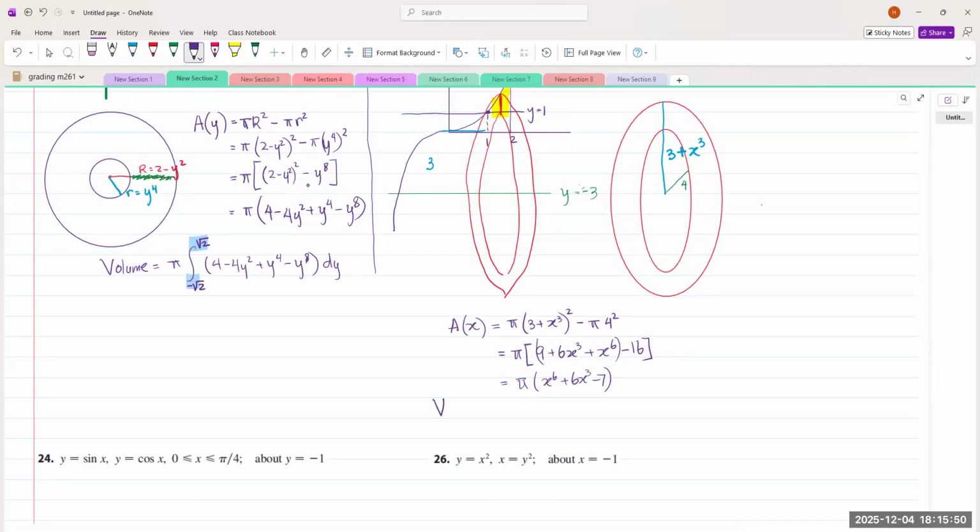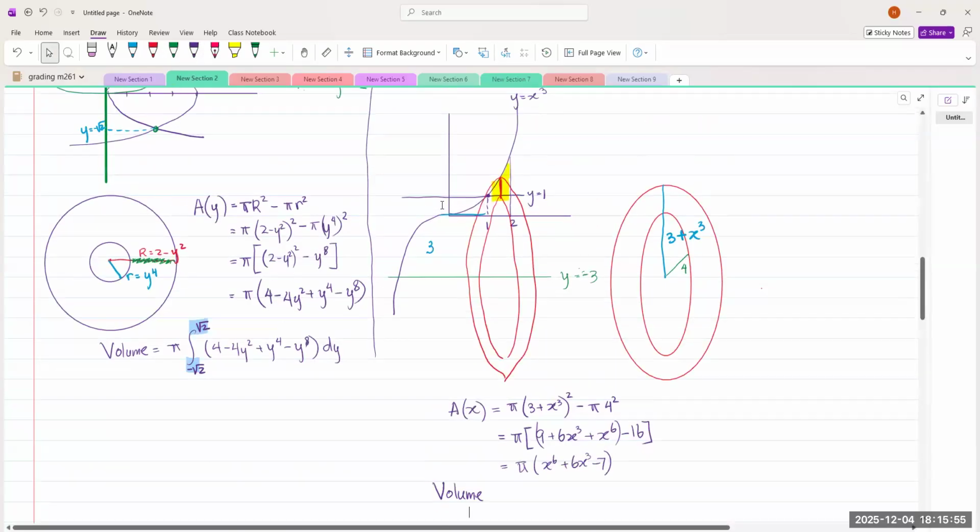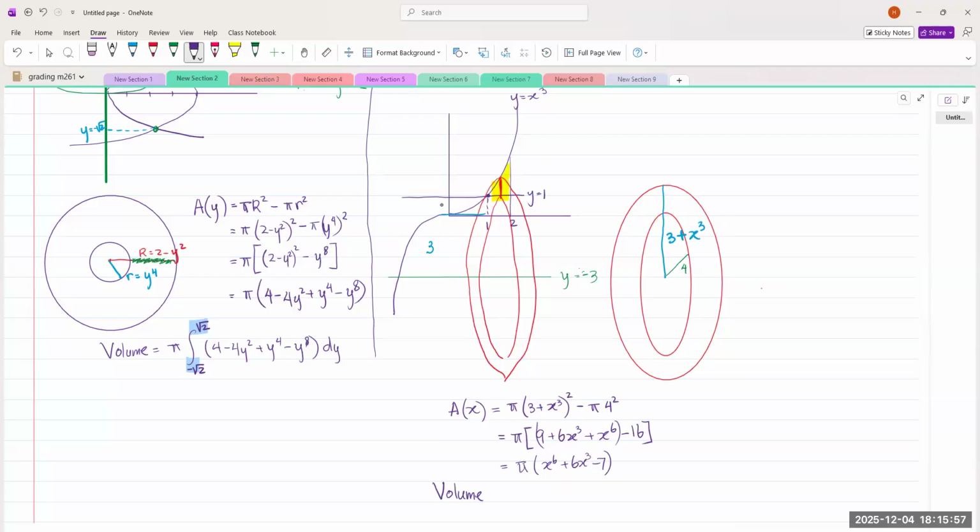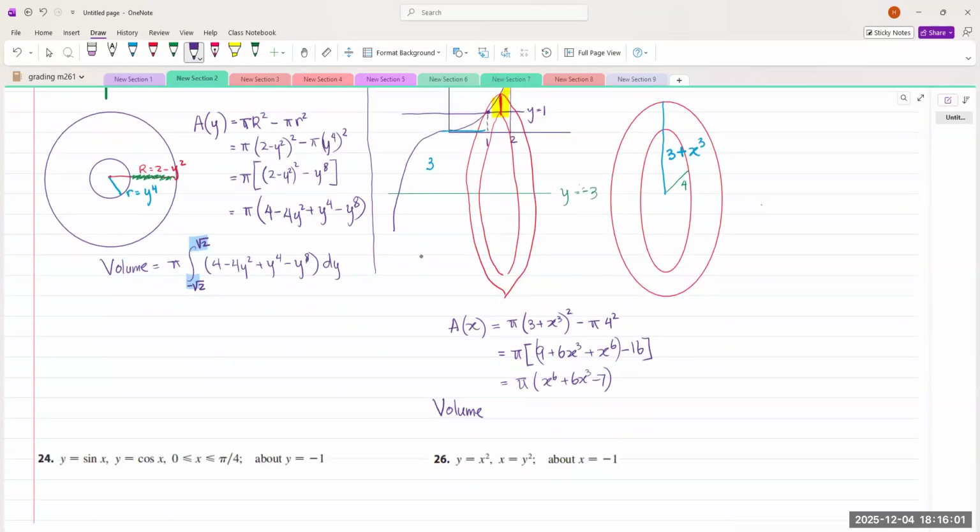So the volume, if you rotate this yellow region here with respect to y equals -3, the volume of the solid will be the integral of pi times x to the 6 plus 6x cubed minus 7 dx.